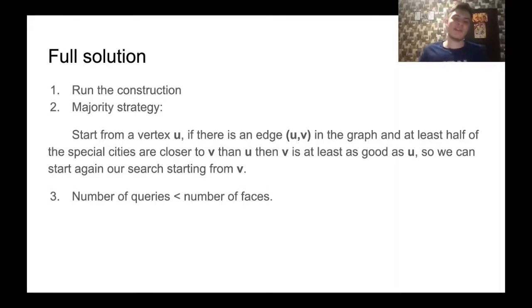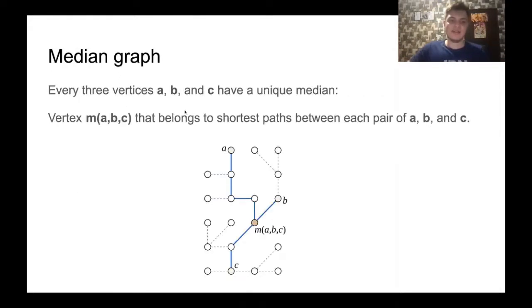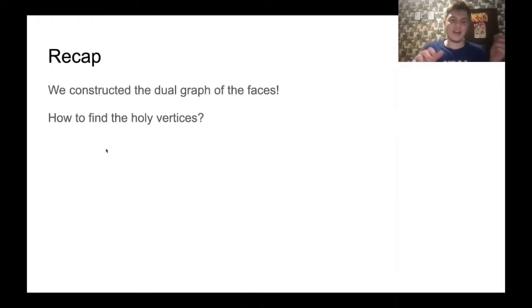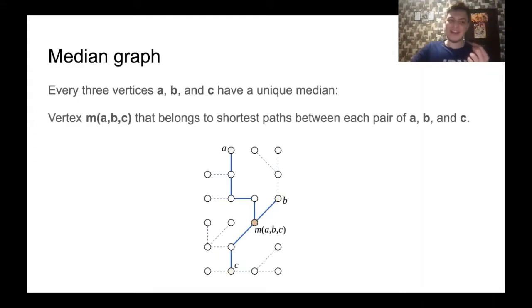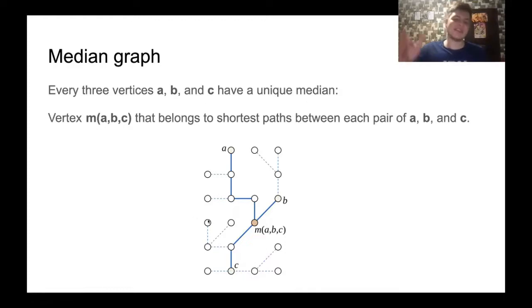But if you went through the literature, most likely you would have noticed the fact that a triangle-free circle graph has its dual graph of faces being a median graph. It's not stated in such a way, but if you look through the algorithms, you can find this fact, and after that the problem becomes way simpler.